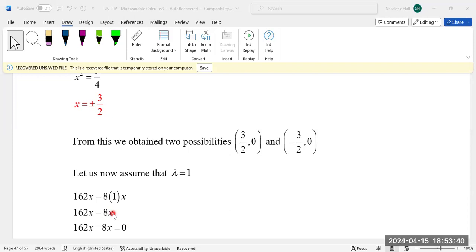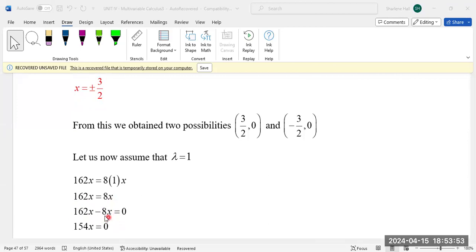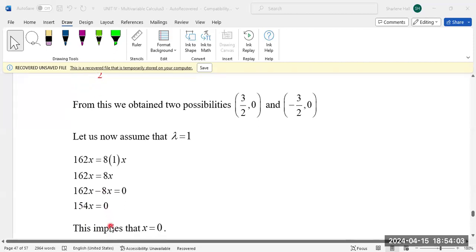I'm going to have now 162x minus 8x equals 0. We're going to combine because both of them are the same. So 162 minus 8 is 154, good, 154x equals 0. We get x equals 0 right here.